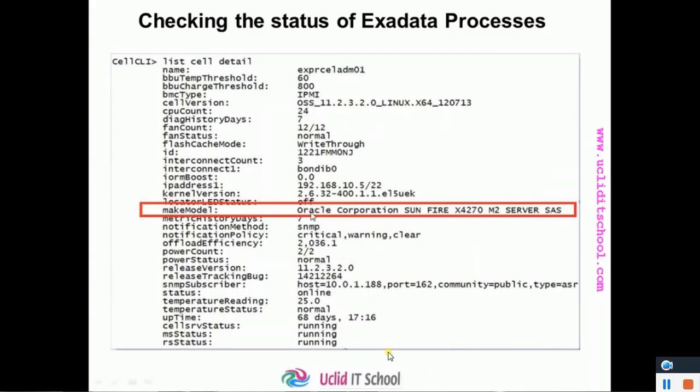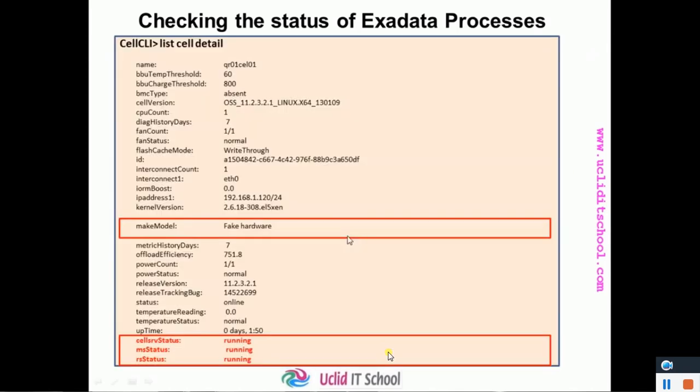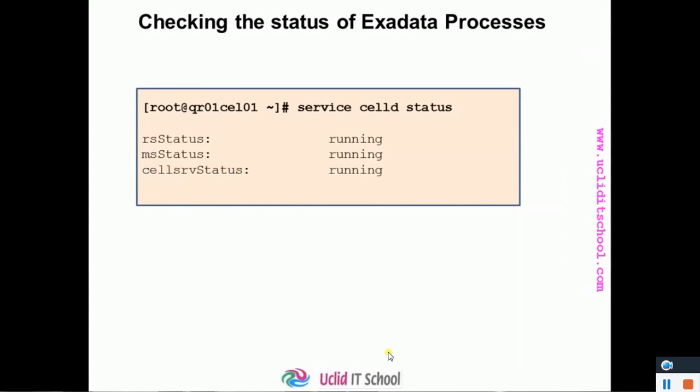Make model will be shown as Oracle Corporation Sunfire, that server model actually. In the lab, we are not using real hardware. That's why in the lab it will show you fake hardware. So this way you can see whether these three processes are running or not.